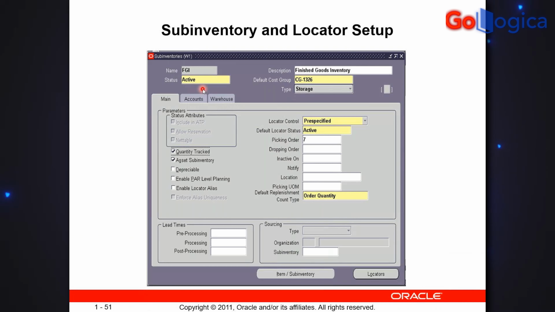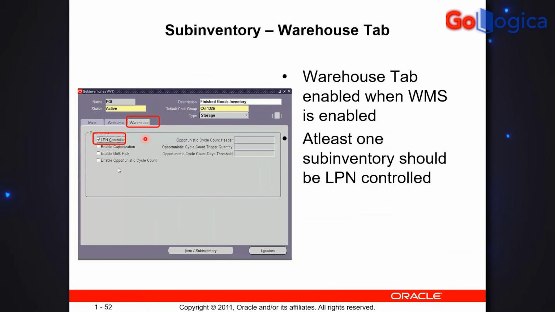This is nothing different from your inventory org. What needs to be focused upon here is that whenever you enable WMS, this warehouse tab is going to be highlighted now. This is also going to be enabled. Once this has been enabled, it will look like this.